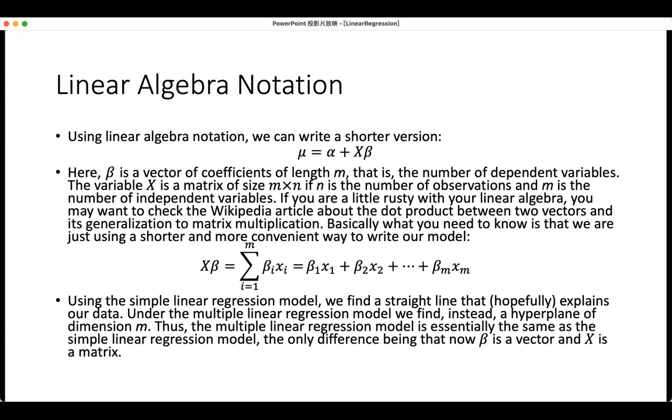Using linear algebra notation, we can write it as mu equals alpha plus x beta. In this case, beta is a vector of length m, and x is a matrix, depending on the number of terms you want to predict.